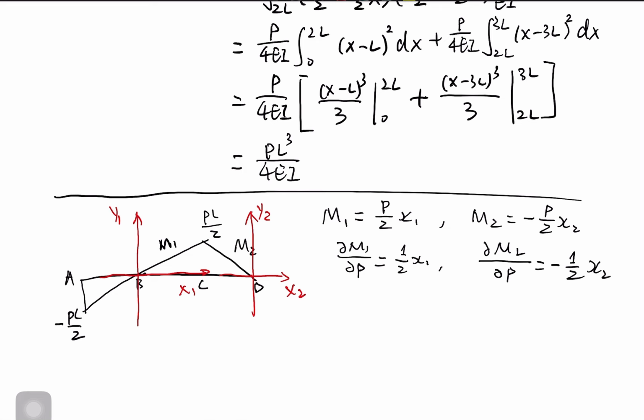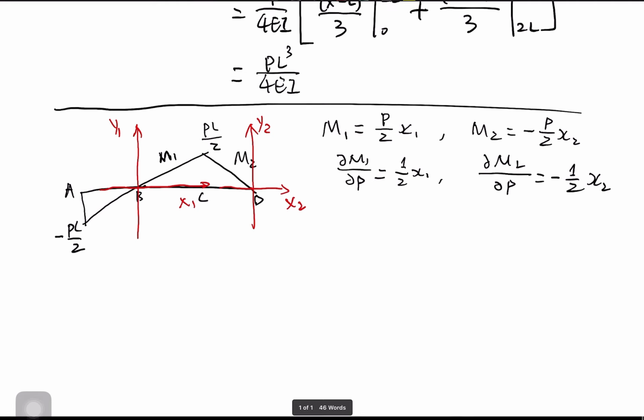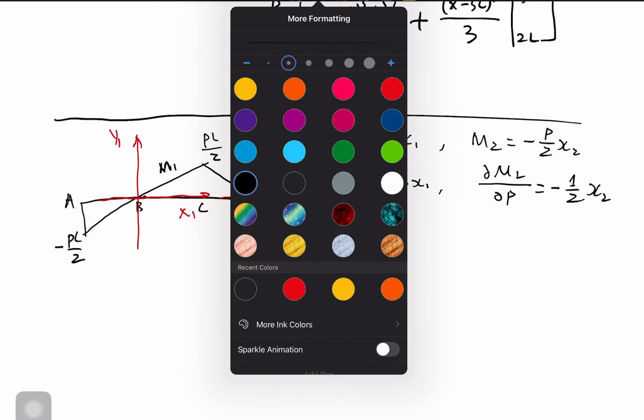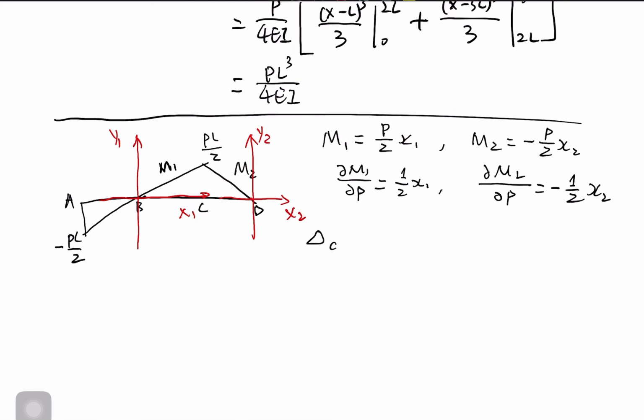After we know partial M1 over partial P and M, we can write down the Castigliano theorem expression. We will have delta C equal to the integral from 0 to L, where L is the length of the beam, so the length is 3L, and we just put L over here initially.